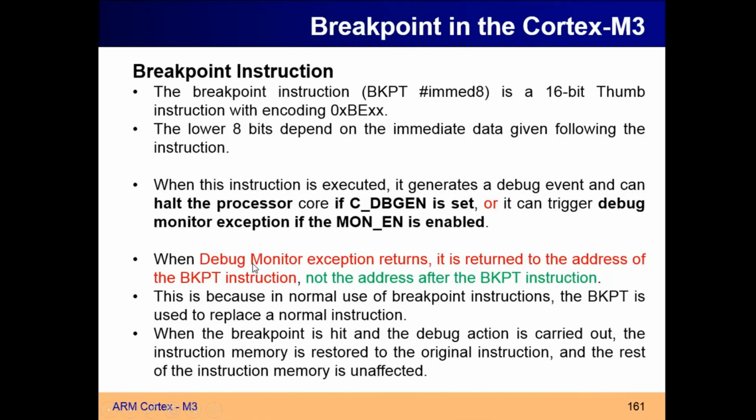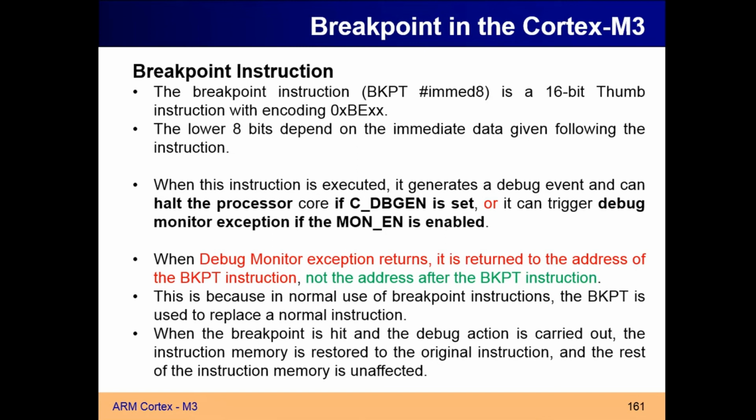Once the debug monitor exception is over, normally what will happen? It will return to the next address, whatever exception it may be. After execution of the interrupt or exception, the processor will come back to the next instruction, or the program counter will point to the next instruction. But in the case of a breakpoint, it is not like that. The processor will return to the same address of the breakpoint instruction, not the address after that.